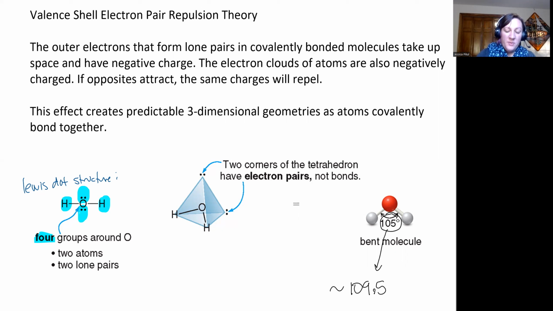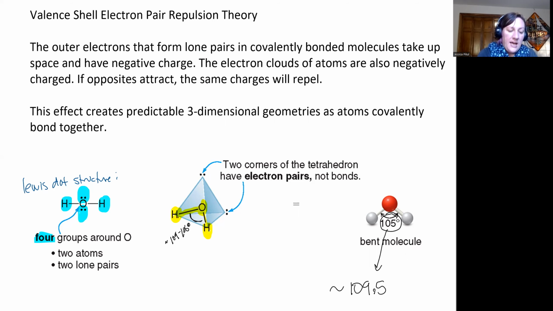What we mean by bond angle here is the angle right here, between the hydrogen and the oxygen and the hydrogen, about 109 to 105 degrees. And that degrees is just how far apart it is right here.